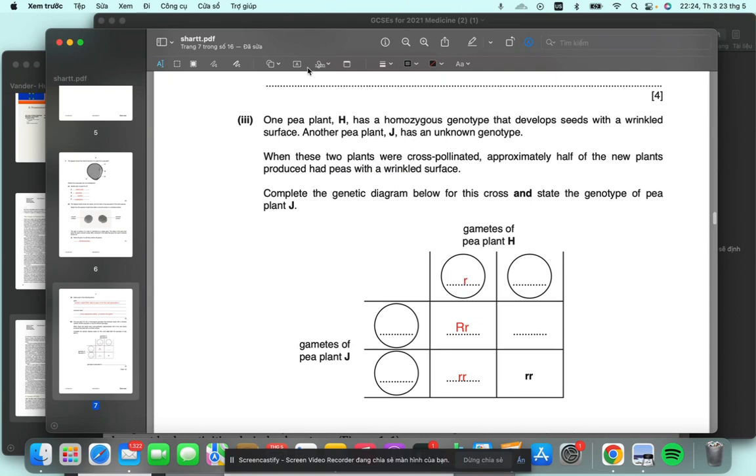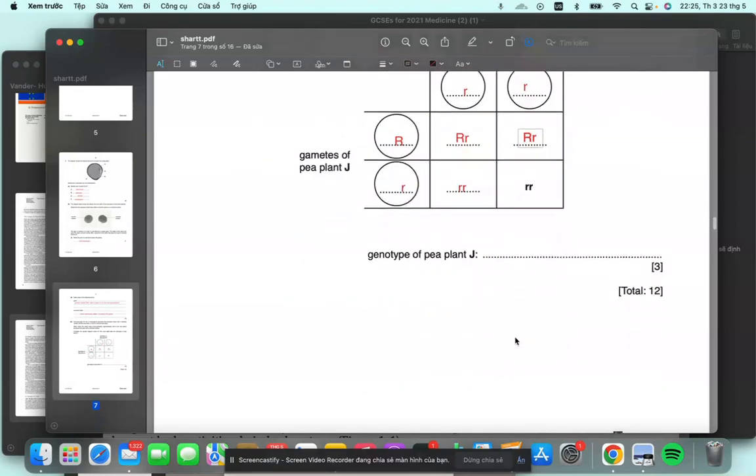So if this is the homozygous genotype, R, then this should be R. Okay.